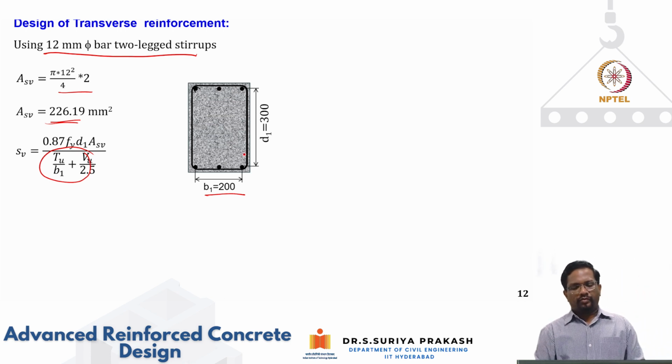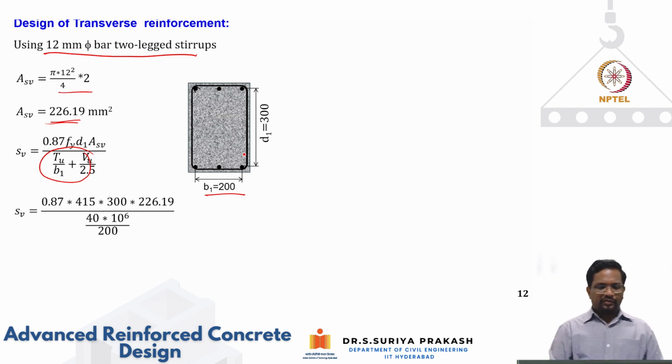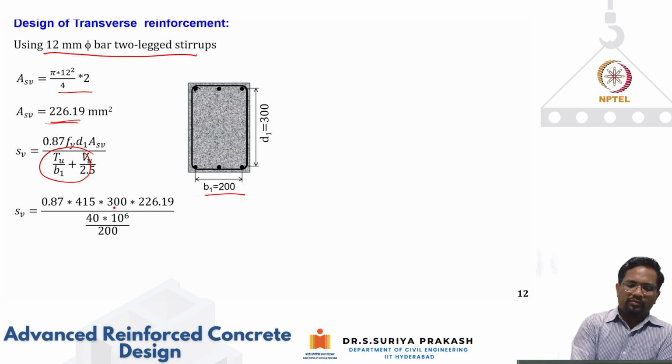So 300 minus 50-50 works out to be b1 equal to 200, and d1 is basically 400 minus 50-50, which is 300. So you plug in these values: fy is 415, d1 is 300, Asv is 226 mm², and the shear demand is, now we are talking about pure torsion, so we use Vu as 0. So there is no other additional component.